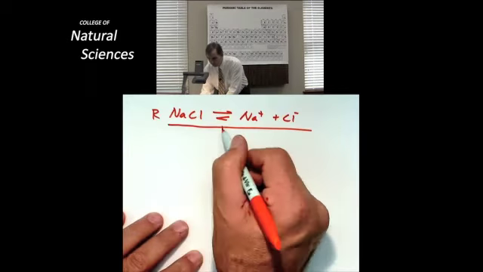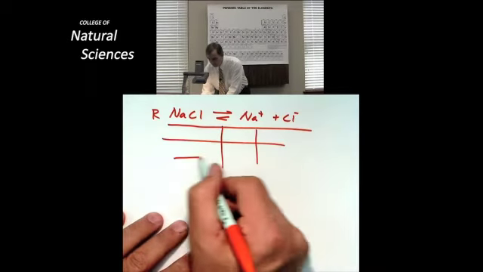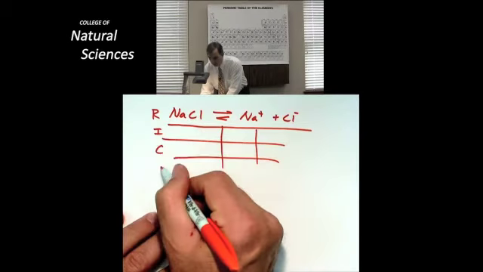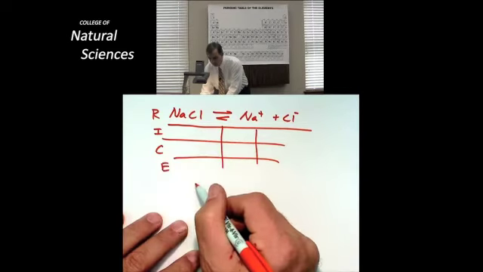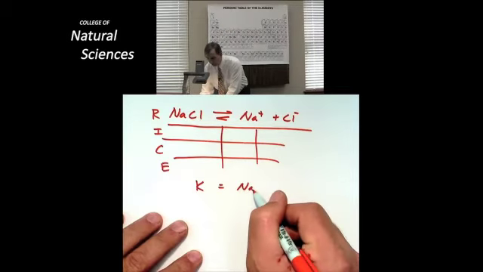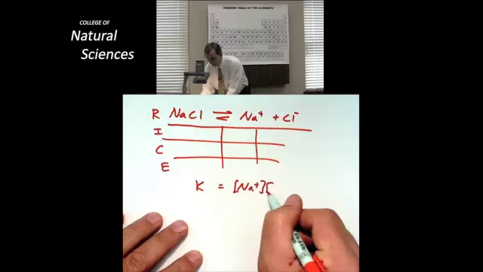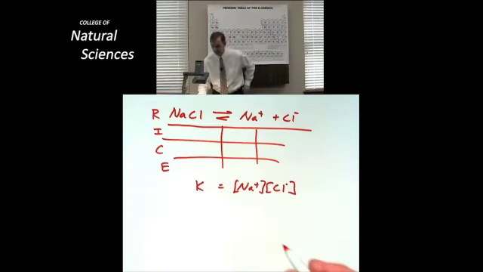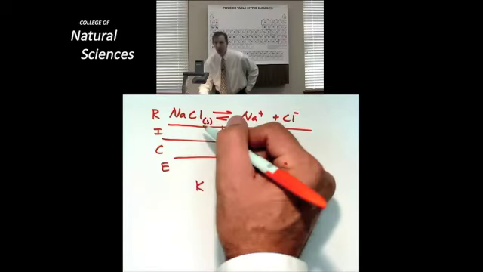So there's my reaction. I can talk about my initial amounts of sodium chloride, the change in the equilibrium, and when it's all said and done, my K for this reaction is going to be equal to my sodium ion times my chloride ion divided by sodium chloride, except for you immediately say, wait a second.